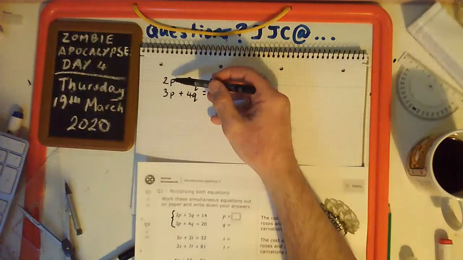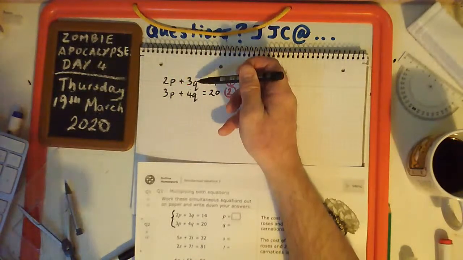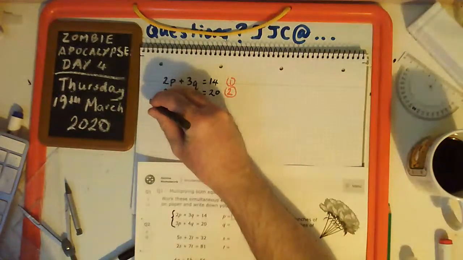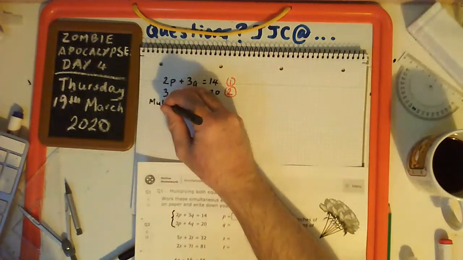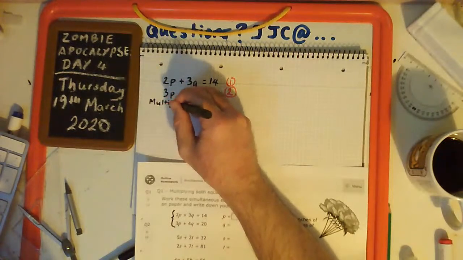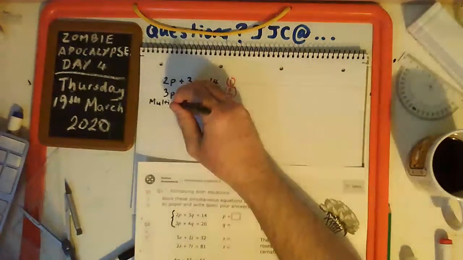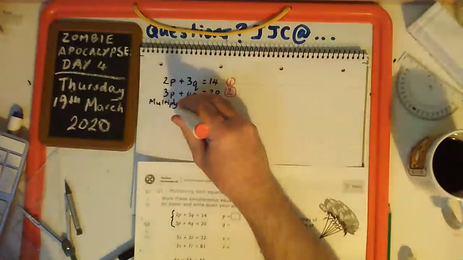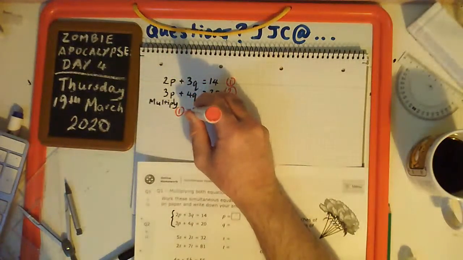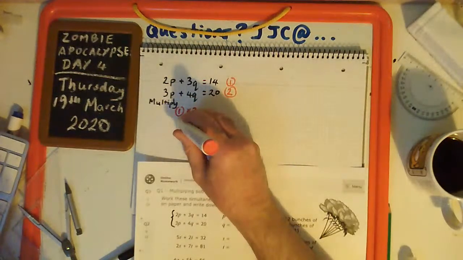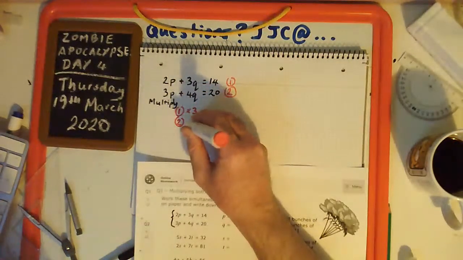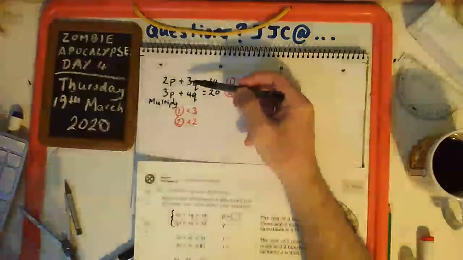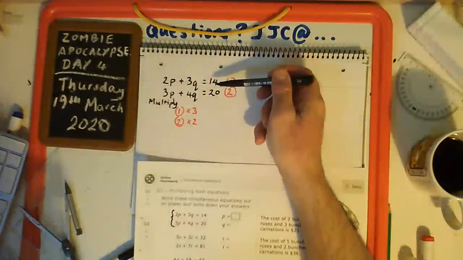I've got 2p's here, 3p's here, 3q's here, 4q's here. The idea is to multiply the equations up so that something is the same in them. So I'm going to multiply equation 1 by 3, and I'm going to multiply equation 2 by 2.